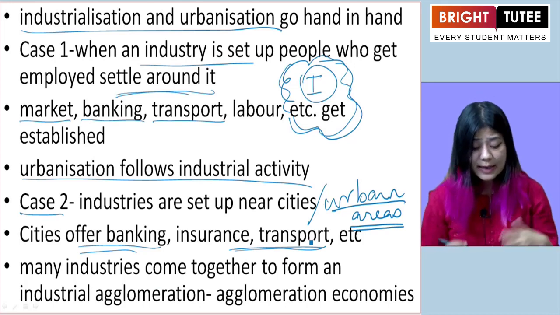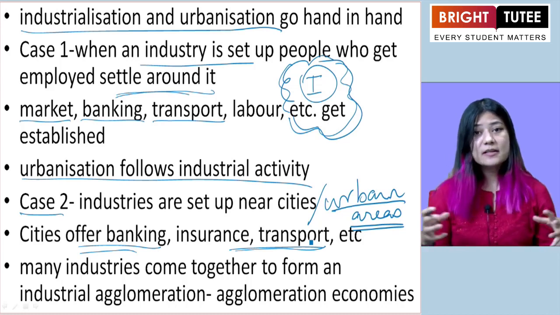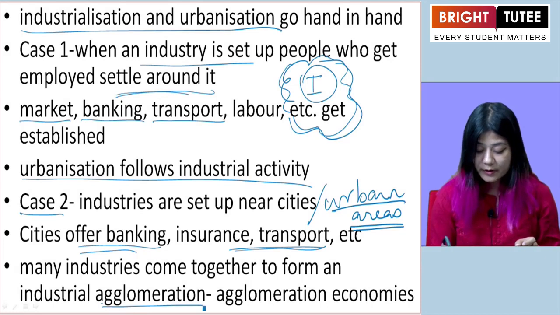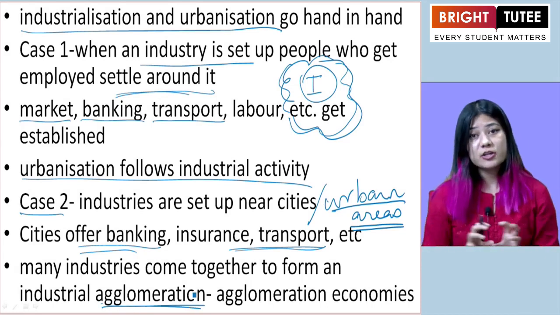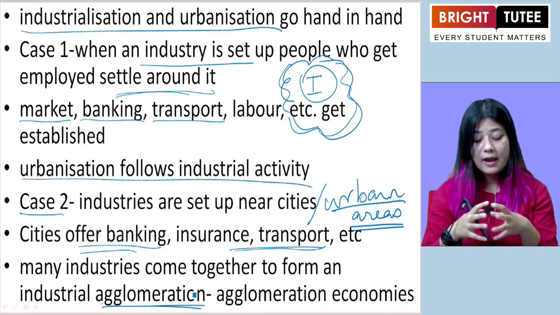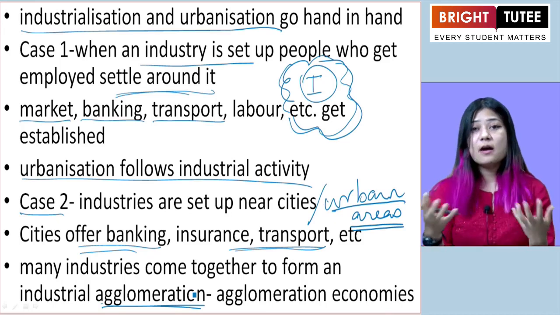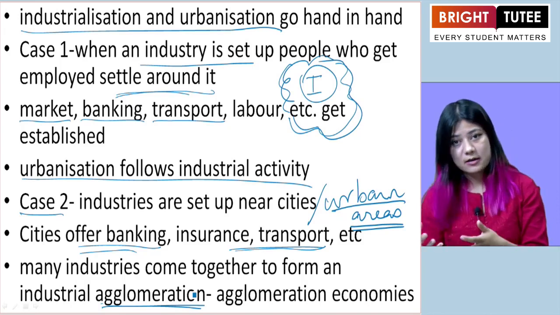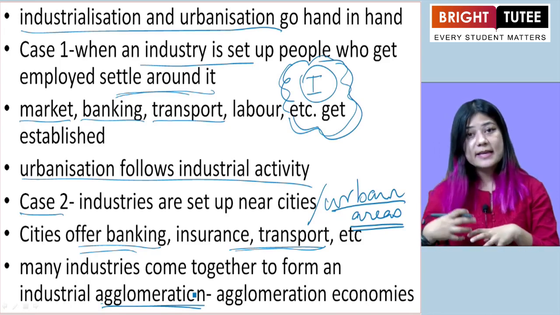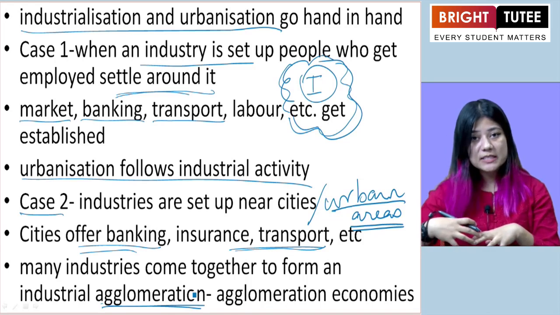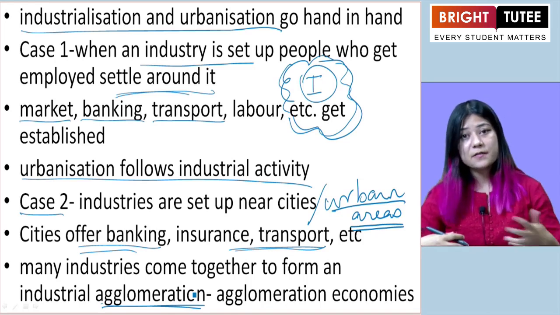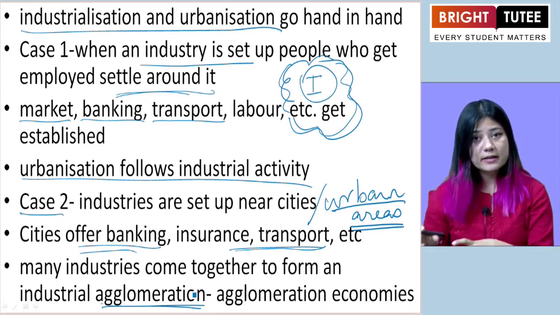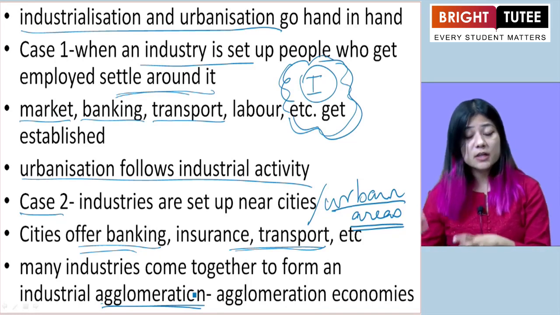Sometimes many industries come together and form an agglomerate. It's called industrial agglomeration. They come together, form a group, and set up an industry or a factory in the city. That way they can get more people to work from the city, and they can get banking services, transportation, and raw materials from the cities that they require for the functioning of the industries.